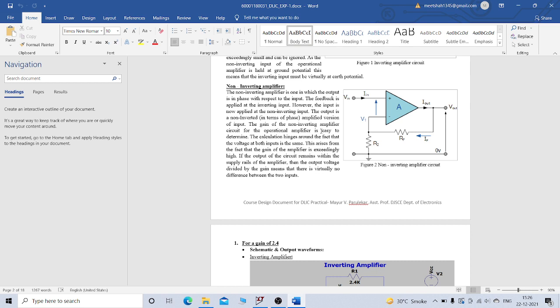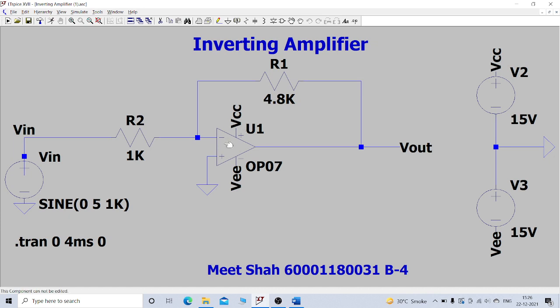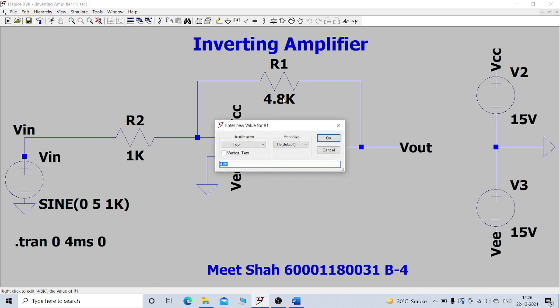So we first see an inverting amplifier and its output for the given condition. So this is an inverting amplifier. Now for 2.4K we'll have to change the values.